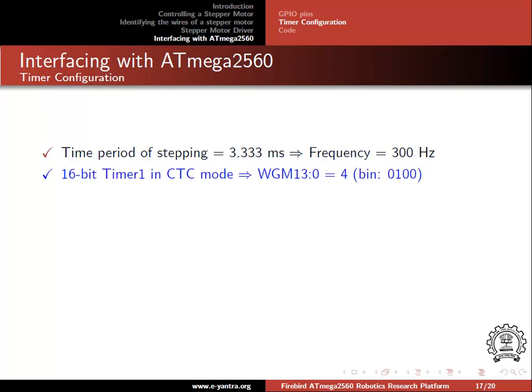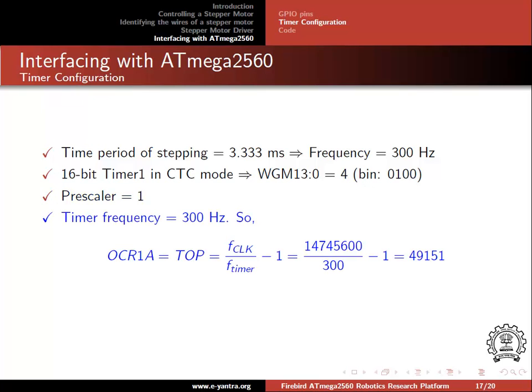To achieve this, we select the 16-bit timer 1 and run it in CTC mode, that is, clear on timer compare match, by setting the waveform generation mode bits, that is the WGM mode bits, to 0100. We will set the prescaler to 1 as we do not need the timer clock to be divided by any factor.